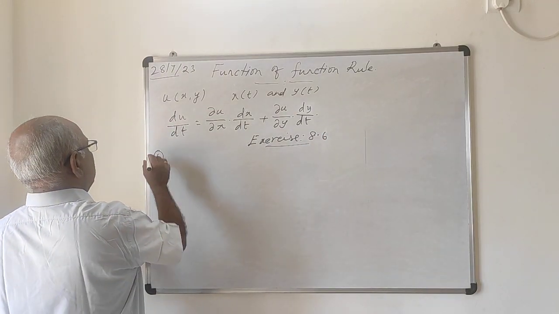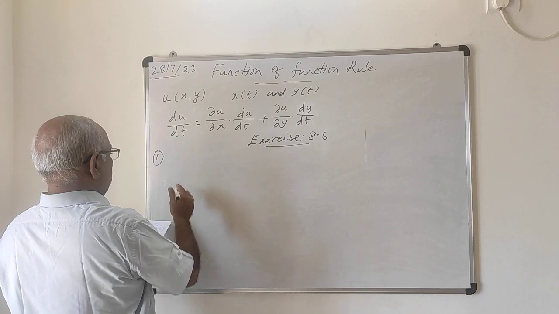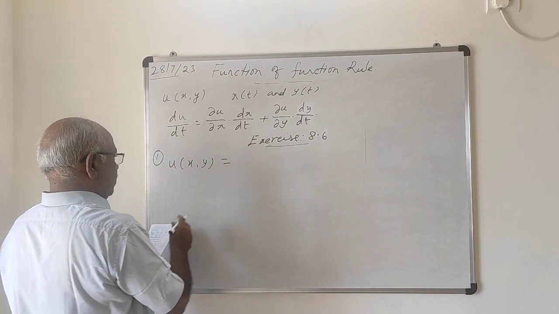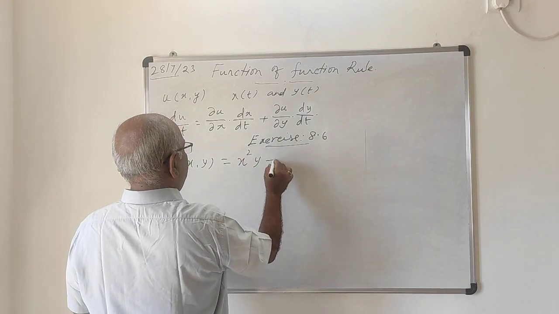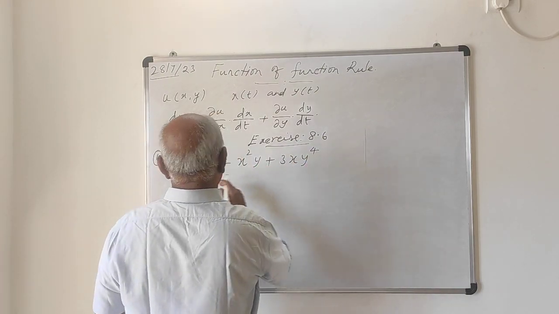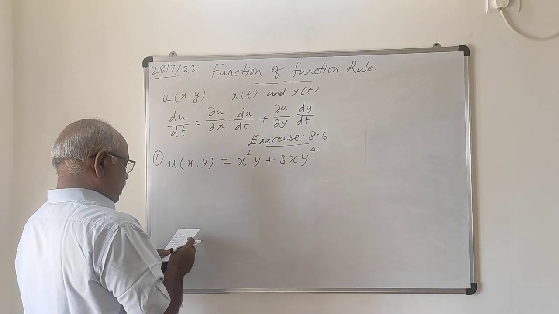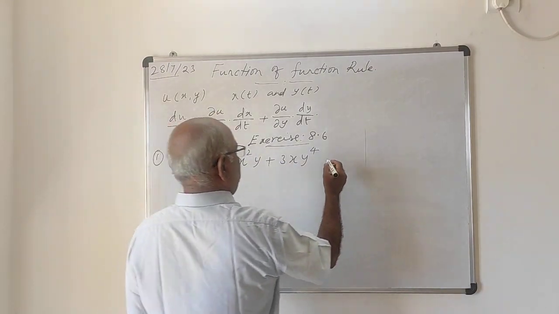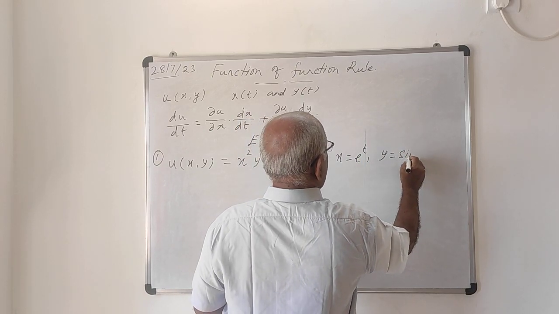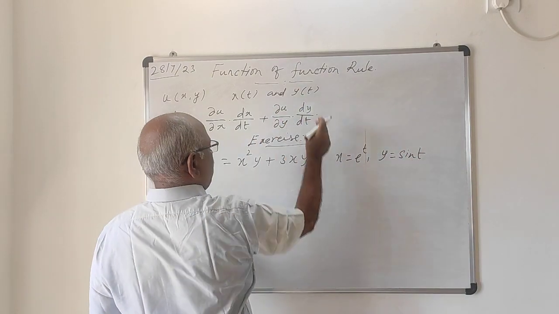U is a function of two variables x and y, namely u equals x squared y plus 3xy power 4, where x equals e power t and y equals sin t, where x and y are functions of t.